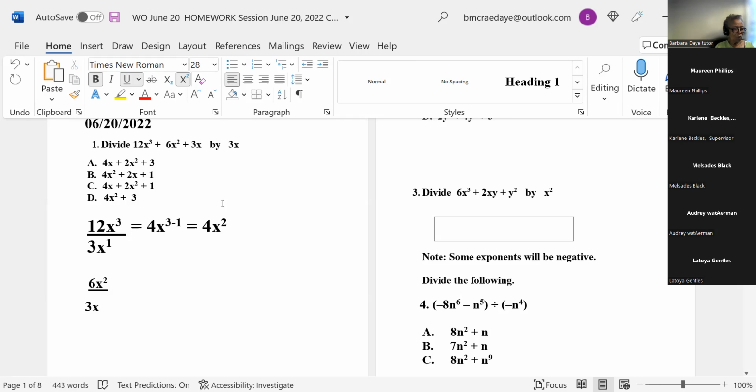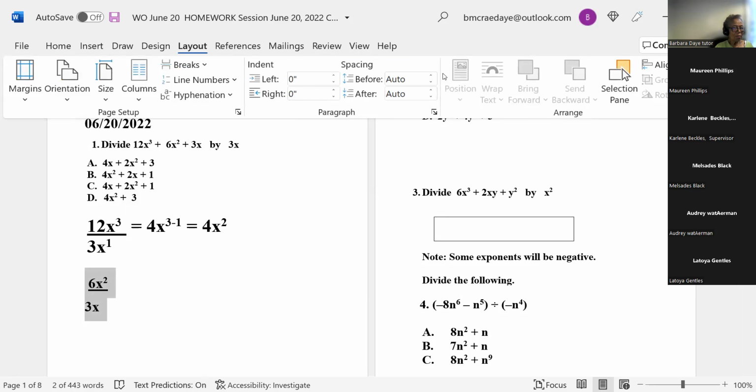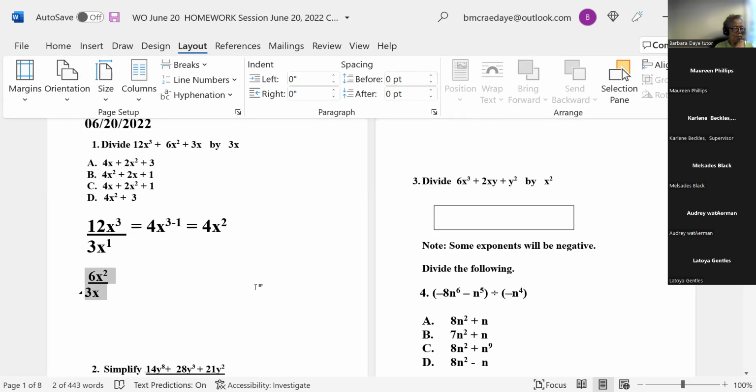How did you give me 4x to the second when I said 4x to the 3 minus 1? I listen to what you said, but I don't see what you wrote. I only see number 1, 12x to the third power plus 6x to the second power, and the answers below to choose from.